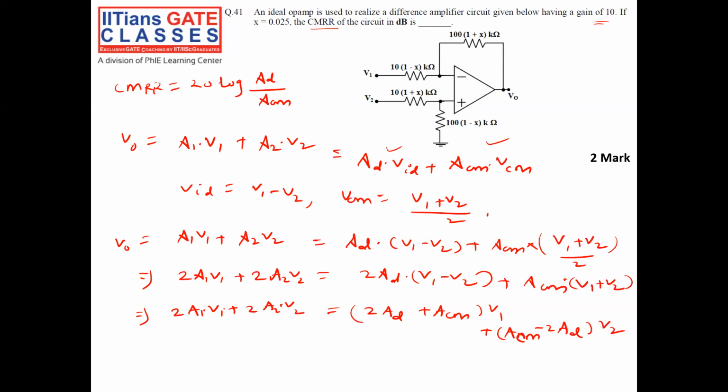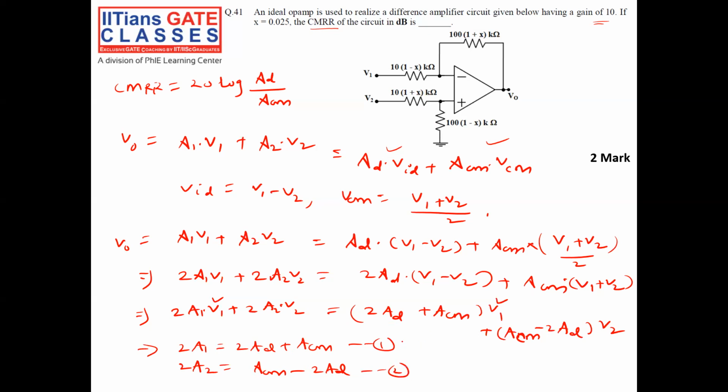If you compare this equation, the V1 corresponding term: 2A1 equal to 2AD plus ACM. This is equation 1. If you compare the V2 term, 2A2 equal to ACM minus 2AD. Clear? This is equation 2.